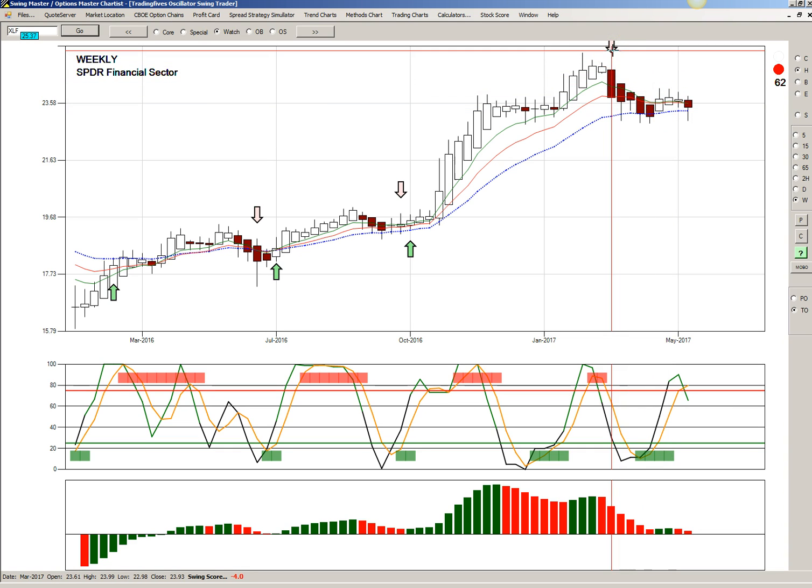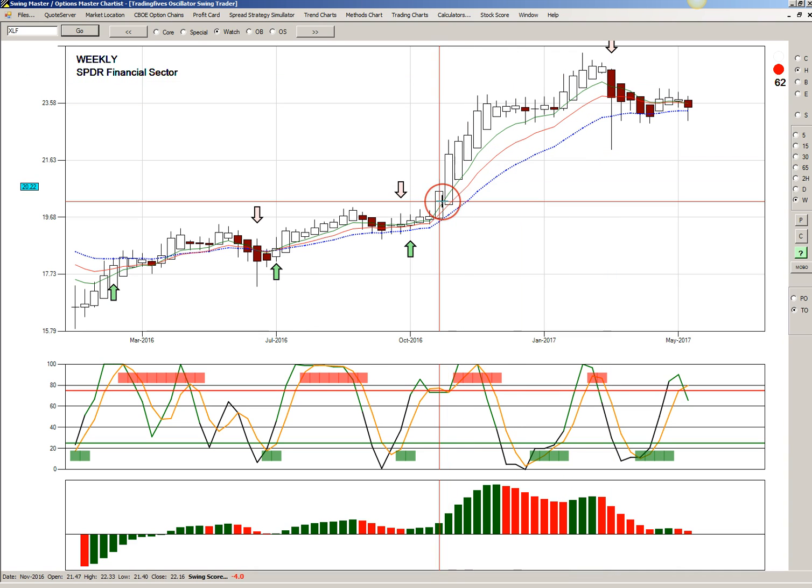And we can see that the TSI, the True Strength Index, signaled a bearish crossover back here in March.